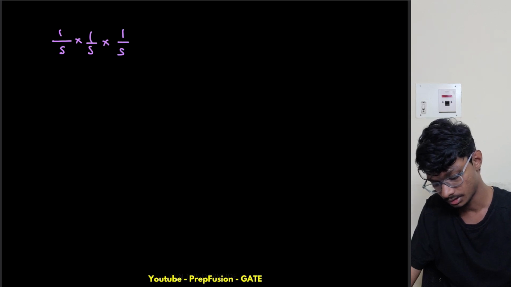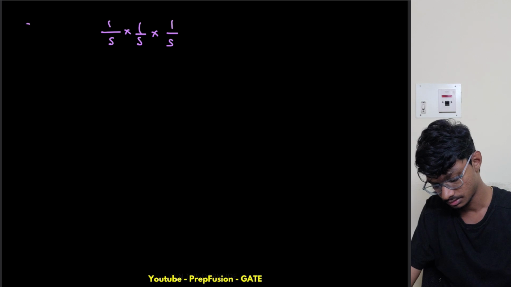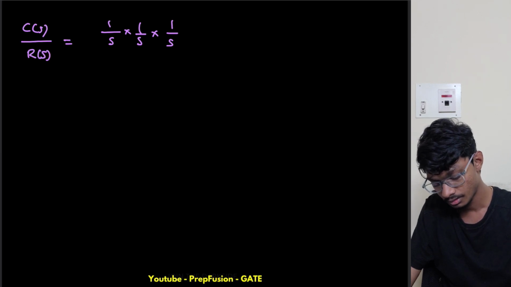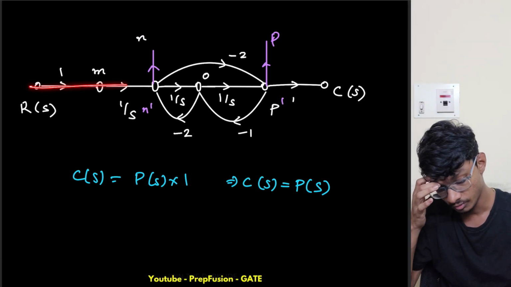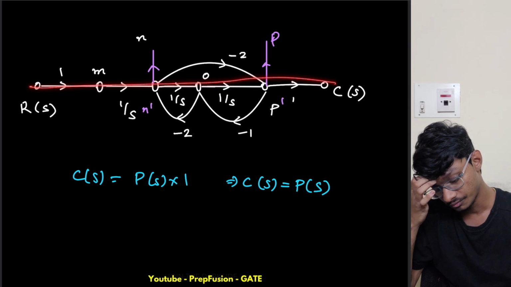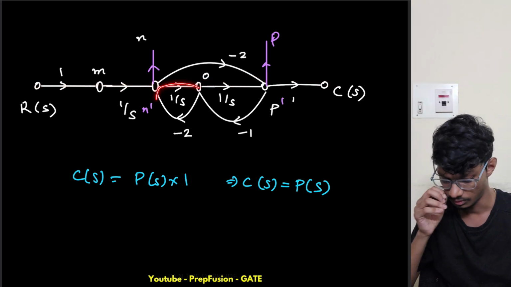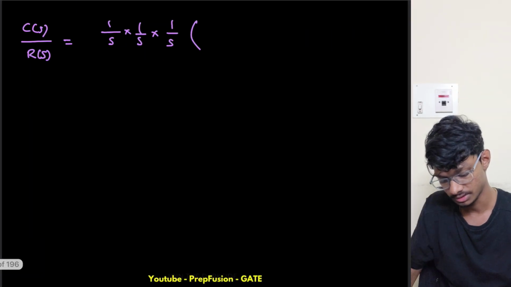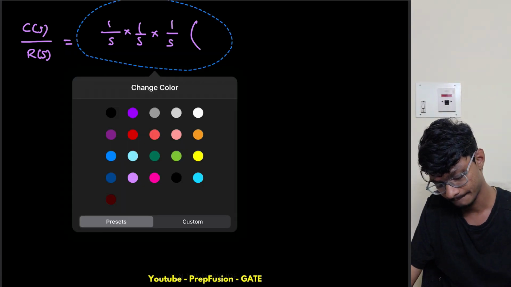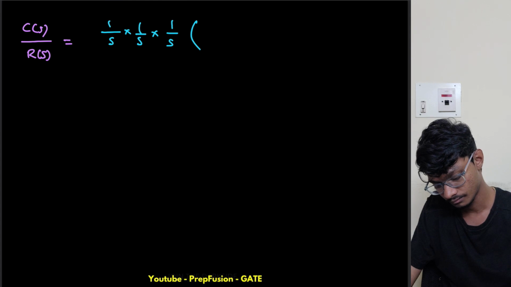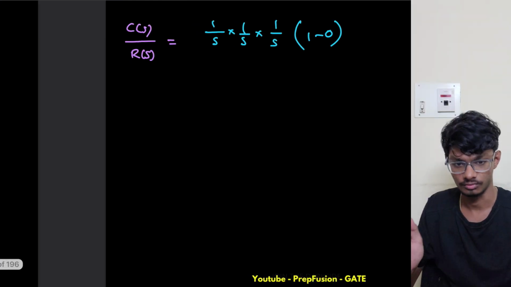Now what is the associated loop gain? If I remove this, will I be left with any loops? No, all these loops will be gone. So I can simply write here one minus 0.